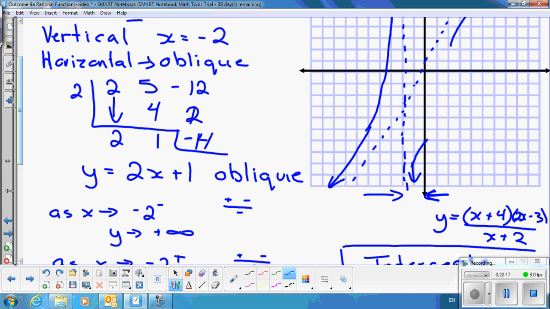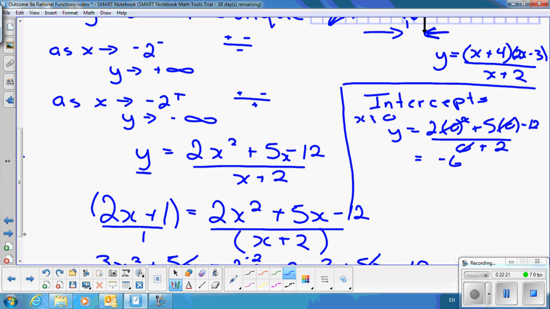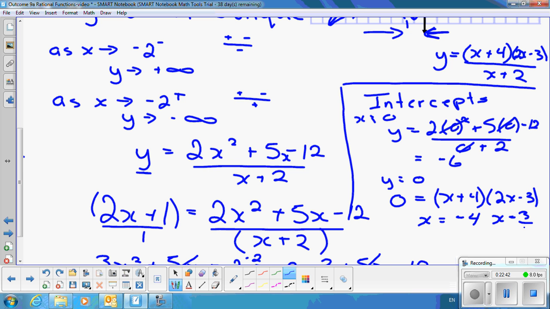Let's check for x-intercepts. For x-intercepts, we're going to let y equal 0. When we let y equal 0, we have 0 equals, and if I use the factored form this time of my numerator, I have x plus 4 and 2x minus 3. Means that I will have an x-intercept at negative 4 and another one at positive 3 over 2, so positive 1.5.